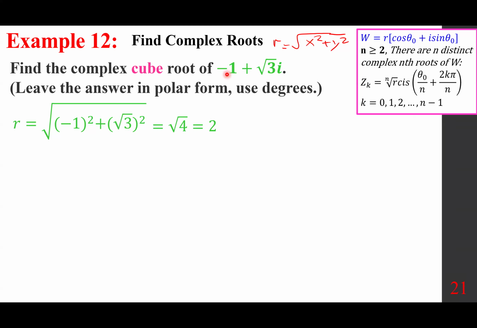Now, x is negative, y is positive, which puts us in the second quadrant. So it's tan inverse of y over x, or square root of 3 over negative 1, or minus square root of 3.